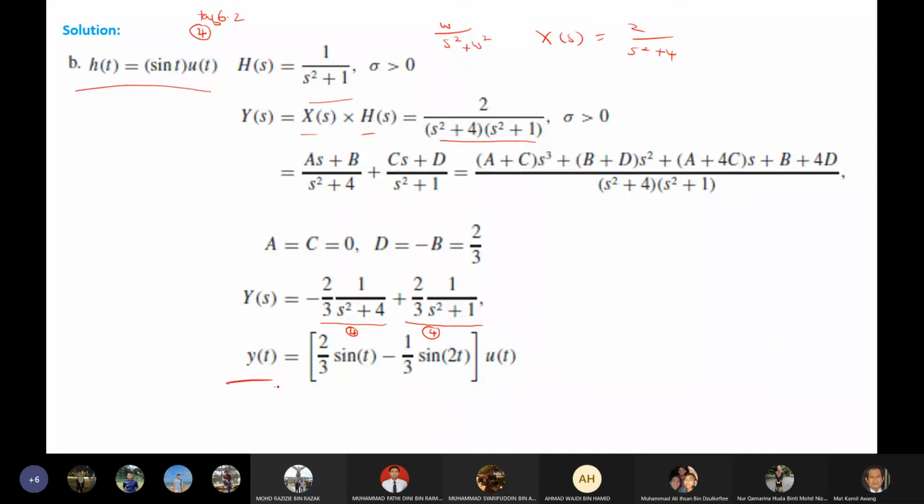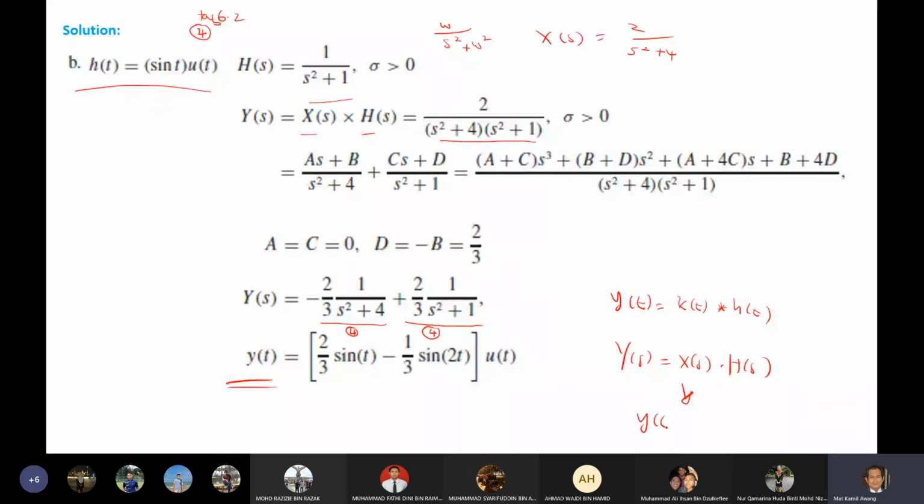Right? Instead of using y of t is equal to x of t convolved with h of t, what you do is that Y of s equals X of s multiplied by H of s. Then you take the inverse Laplace transform.